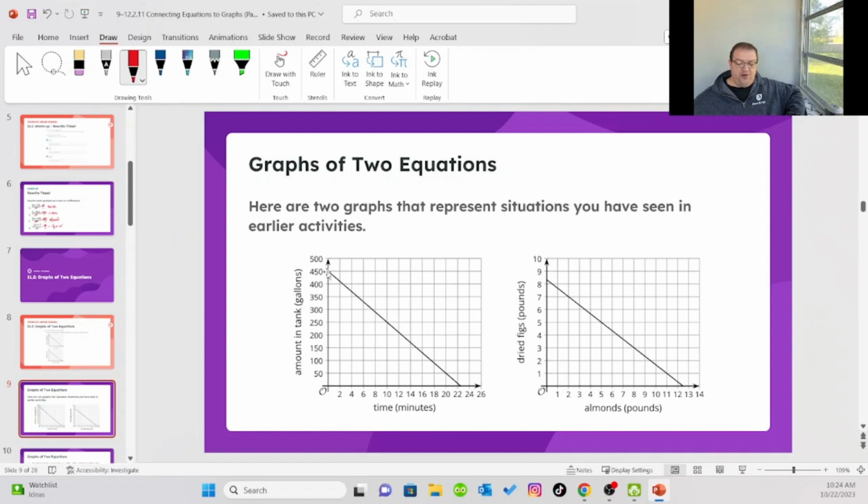This was the 450-gallon tank that was losing water at a constant rate. The one on the right, we have dried figs in pounds as our y-axis, and we have almonds in pounds as our x-axis. This comes from the problems we had where the person was buying dried figs and almonds for a field trip.